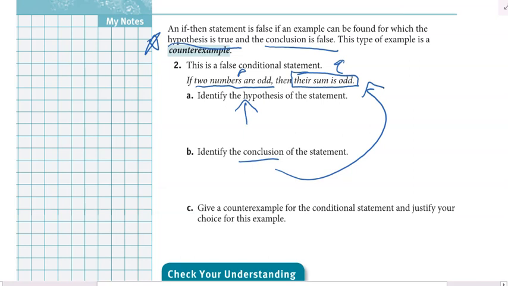Give a counterexample. So how do we do that? We need to meet the hypothesis. So think of two numbers that are odd, 1 and 3. Okay, so did I meet the hypothesis? Two numbers are odd? Check. Now I can test the conclusion: then their sum is odd.